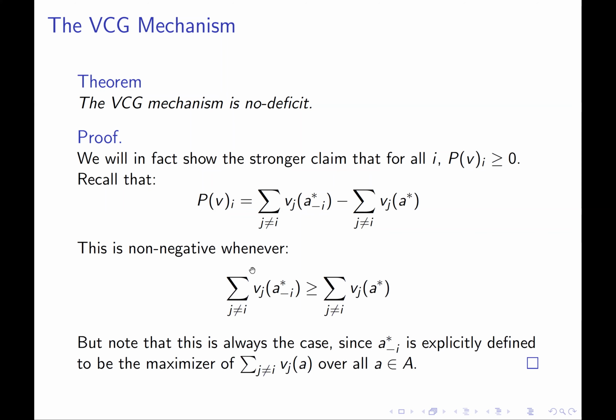It's the social welfare of all of the players, excluding player I. And by definition, A star minus I, the alternative that would have been chosen had player I decided not to participate, is the alternative that maximizes this sum. It's the alternative that maximizes the social welfare of everyone other than player I. And so by definition, the first term has to be bigger than the second term. And so the payments are all non-negative.